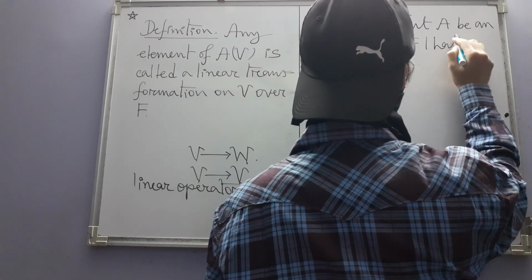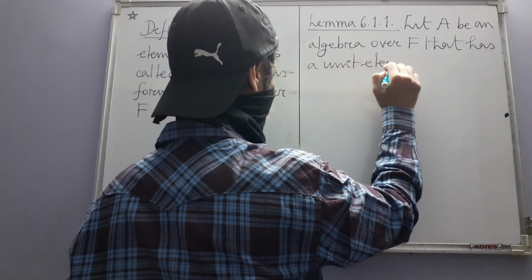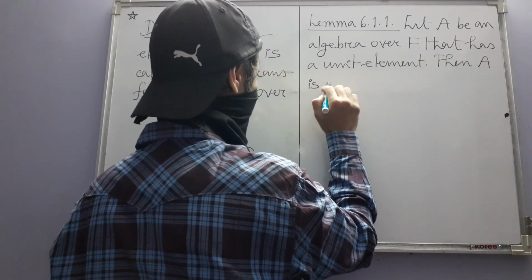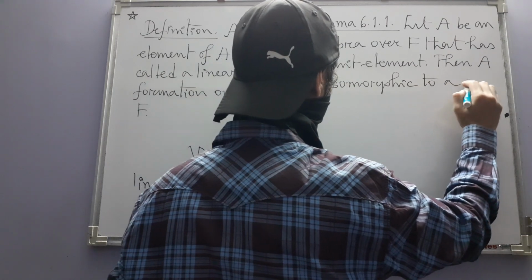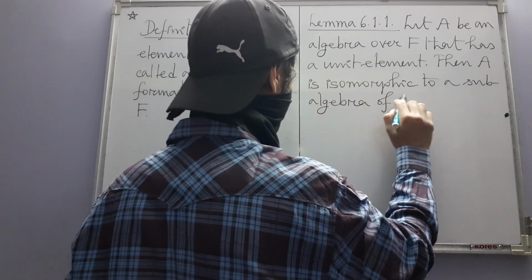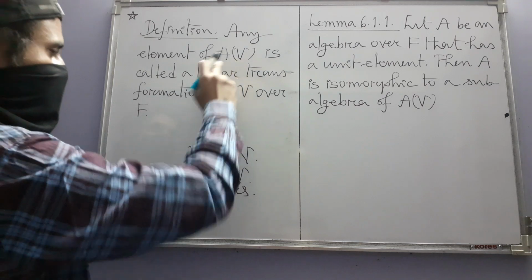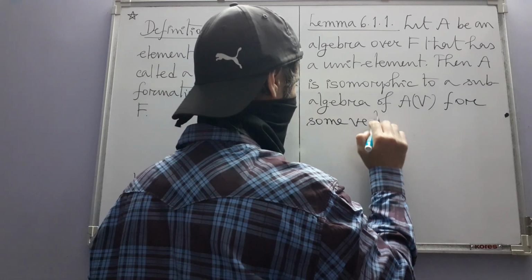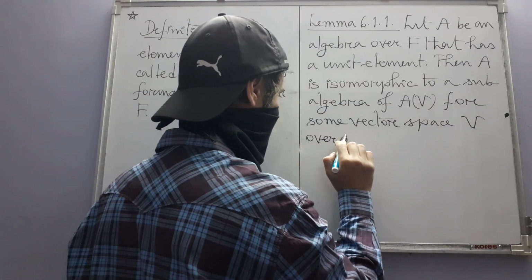That has a unit element, then A is isomorphic to a subalgebra of AV, that AV we have considered just now, for some vector space V over that same field F.